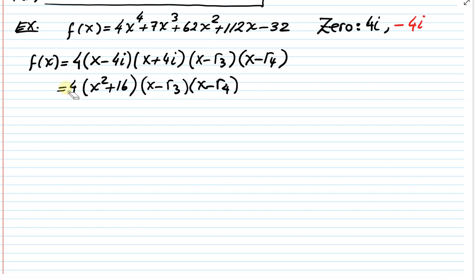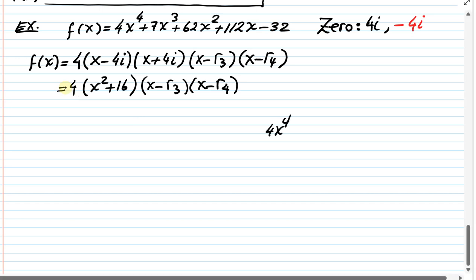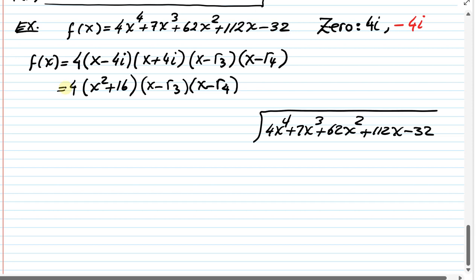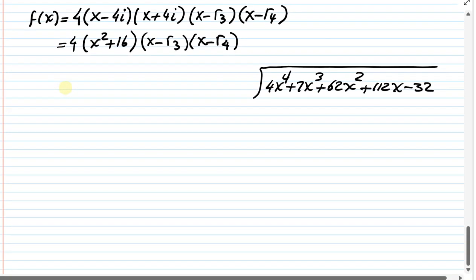So let's do a long division of the original polynomial, 4x to the 4th plus 7x cubed plus 62x squared plus 112x minus 32, by x squared plus 16.